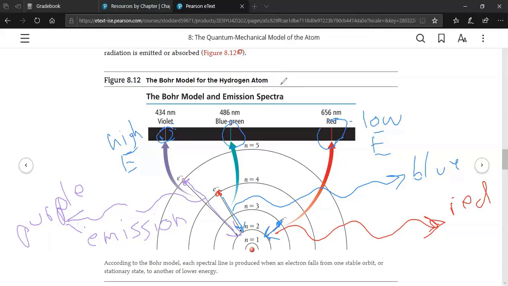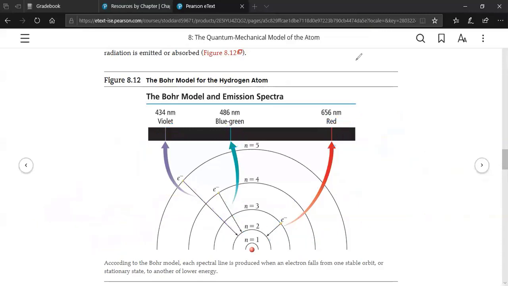If left to their own devices, if they were just left alone, the atoms would all have their electrons in the very first orbit, the n equals 1, because that's the most stable condition. So if we didn't have electricity hitting the atoms, all the electrons would just instead be right down here.